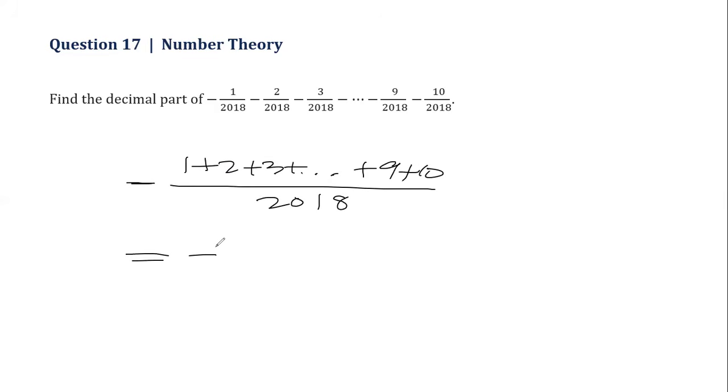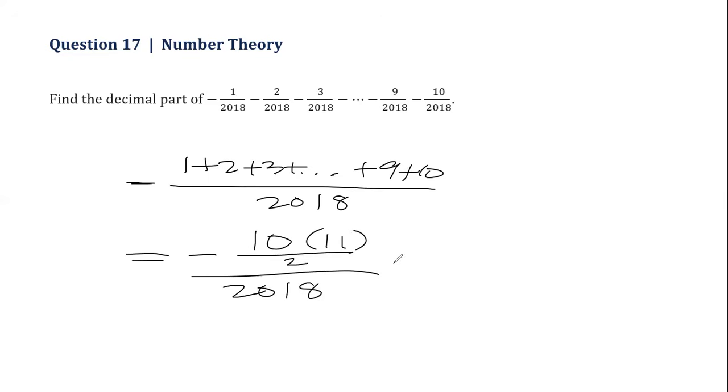So this is equal to 10 times 11 over 2, all over 2018. Okay. Wait, I think there's a mistake in the question. Let me check.